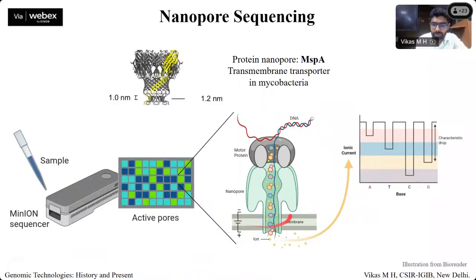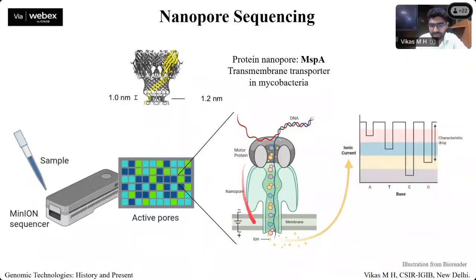These pores are arranged into a flow cell with up to 2000 to 4000 pores, which can sequence for up to 72 hours, and can take up to MBs of DNA fragments if you have such longer ones.